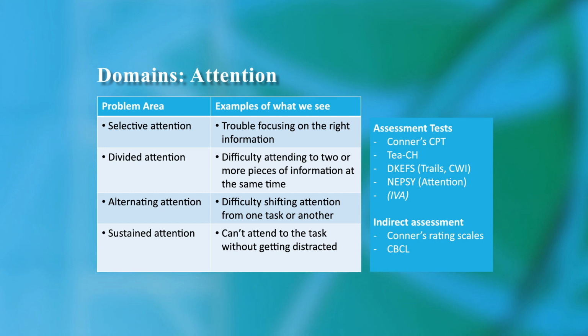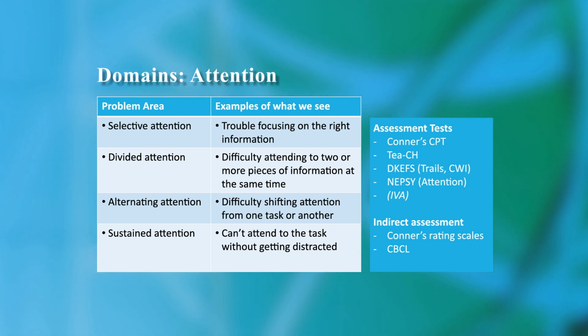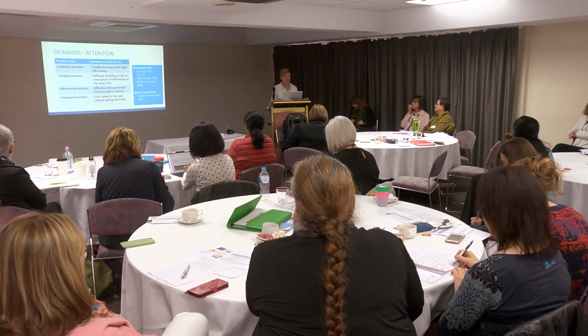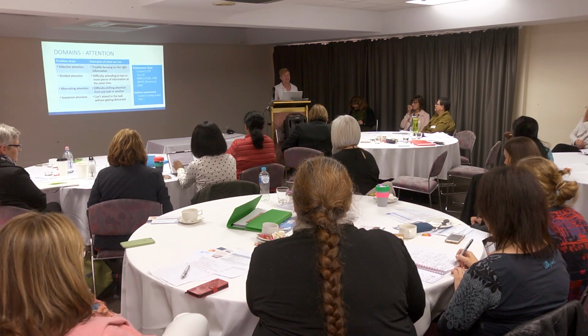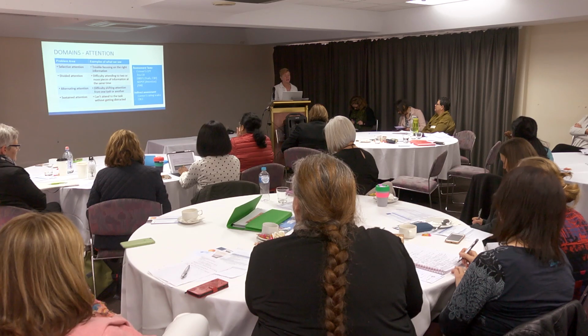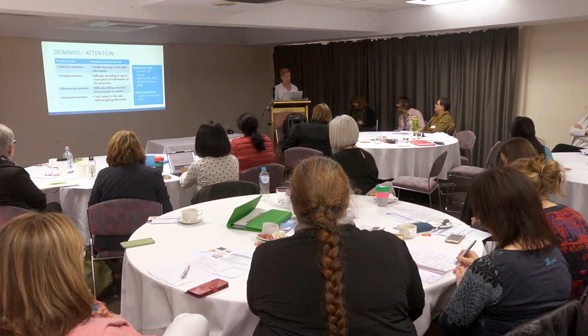I think that also hooks into sustained attention, the ability to stay on task without getting distracted. There are other things that impact on that, such as impulse control, hyperactivity and things like that, but it also comes back to some of these core abilities in attention.